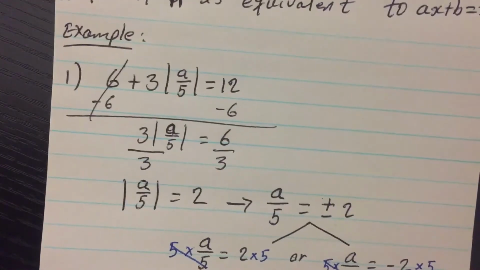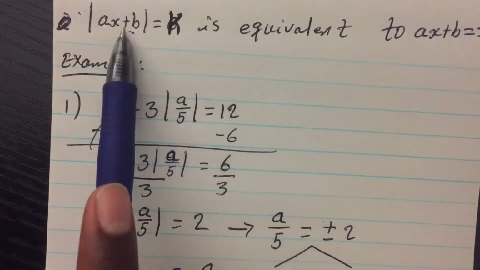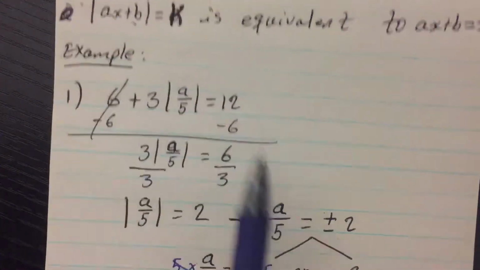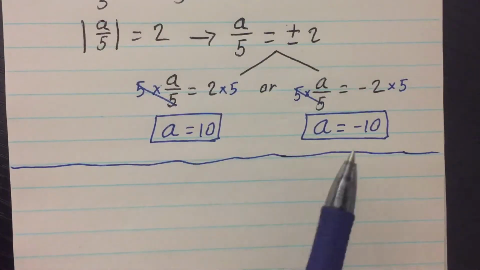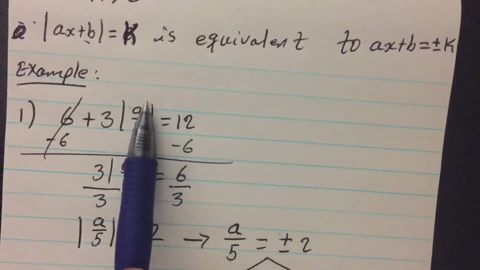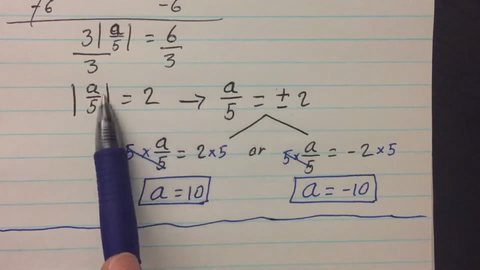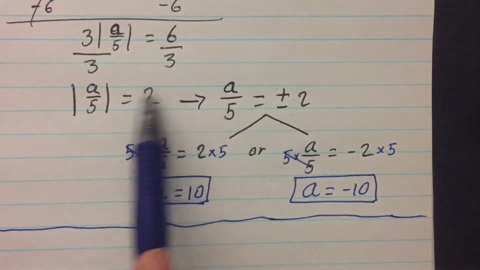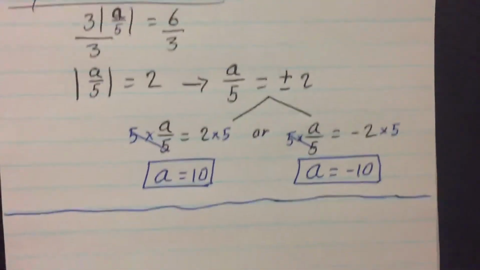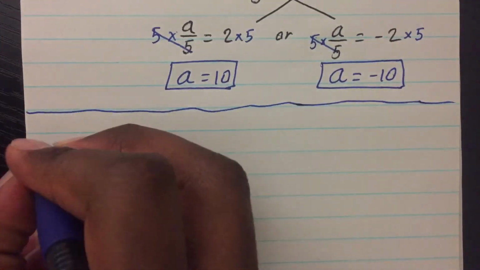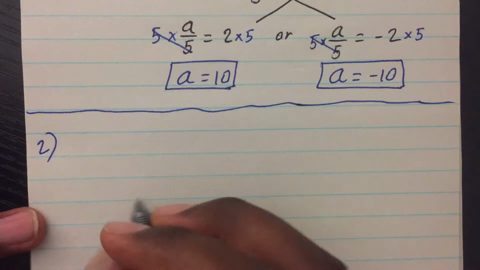And again, if the absolute value is equal to a positive number, it's always going to have two answers. If it was equal to 0, it would have one solution. If the absolute value is equal to a negative number, this can never happen, so it has no solution for that case. So let's look at example 2.